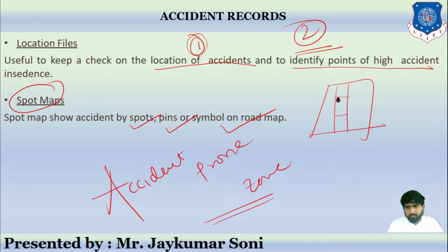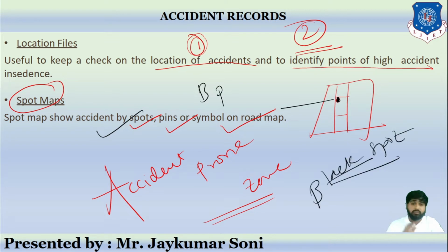That is called a black spot. A black spot means the spot where the highest accidents are prone to occur. They can also be shown with the help of pins on the road map.